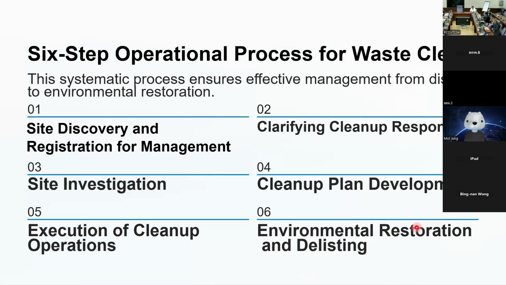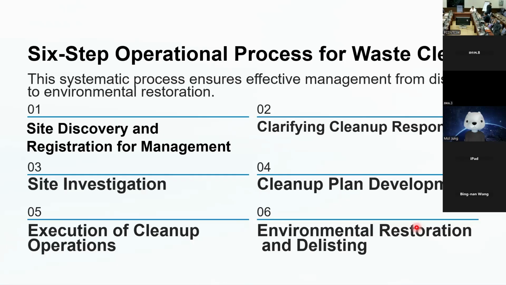The US emphasizes how to remediate contaminated sites. In Taiwan, we specifically point out the responsibilities of the landowner and the authority. They have separate work to do in the 6 steps, and we have to identify what they have to do.